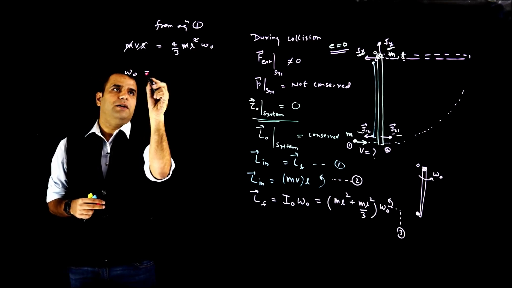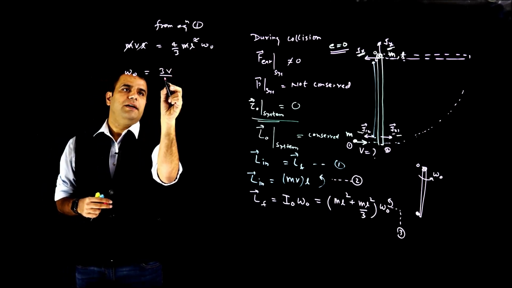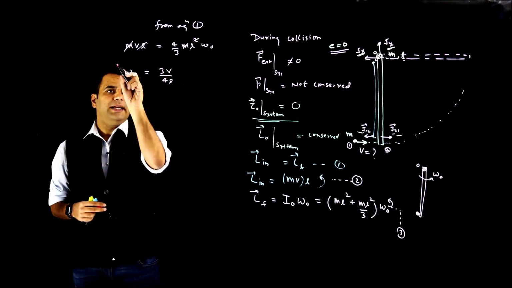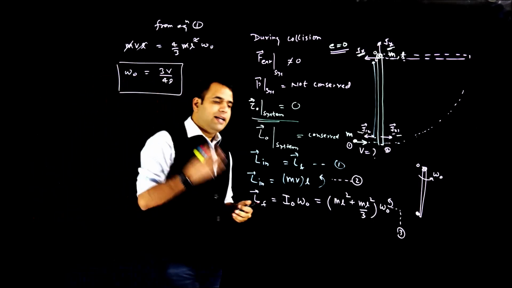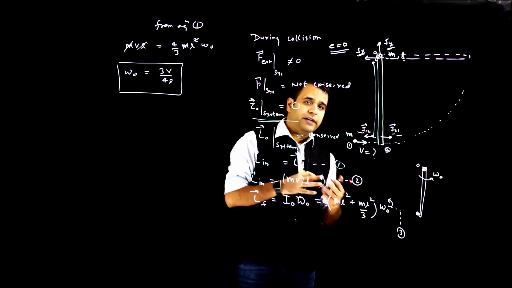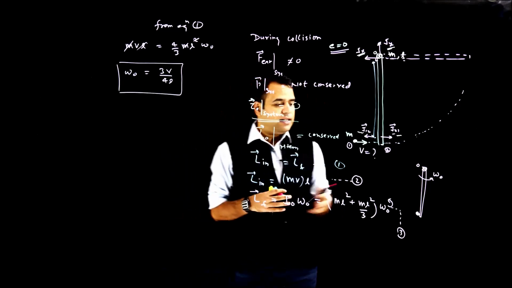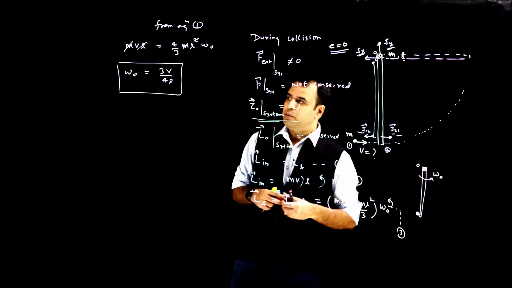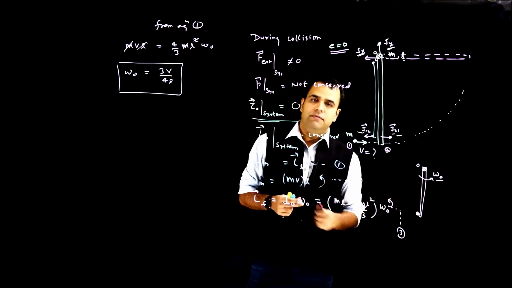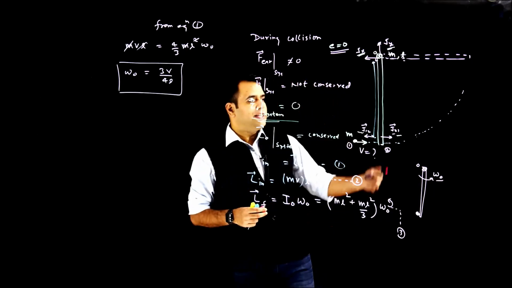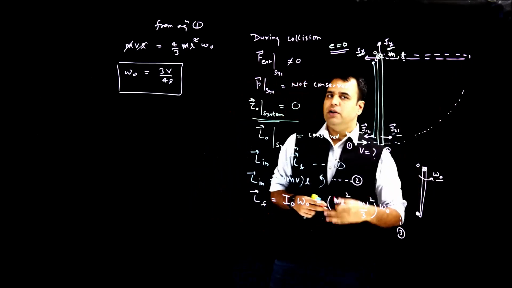So this omega naught becomes 3V upon 4L. The thing is, V is still unknown. So we get the angular velocity of the system after collision as a function of velocity of the point mass. Now we have to check whether this initial angular momentum for the system is sufficient to take the system to the horizontal position or not.